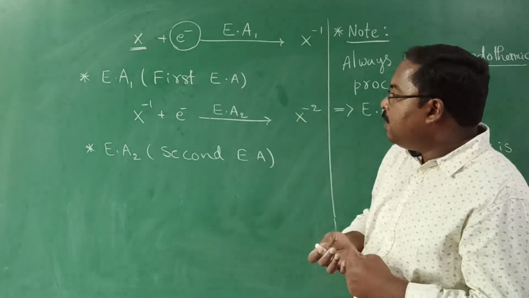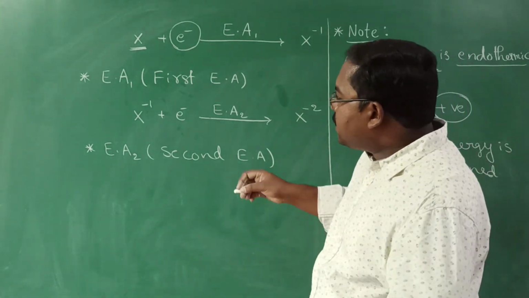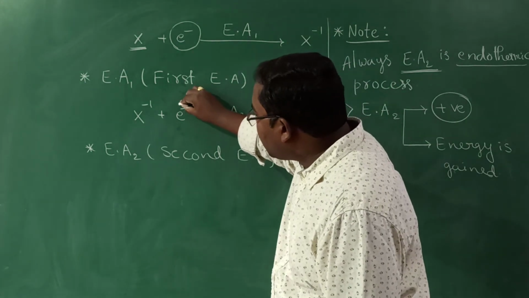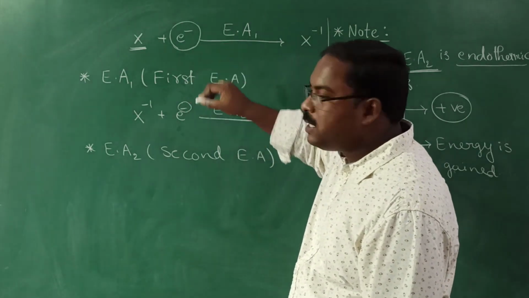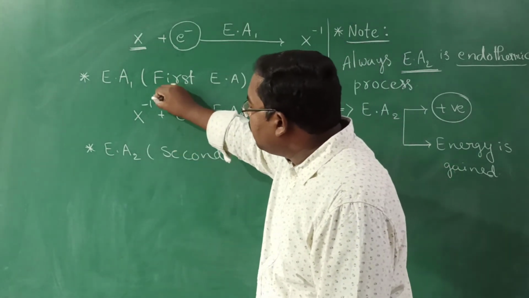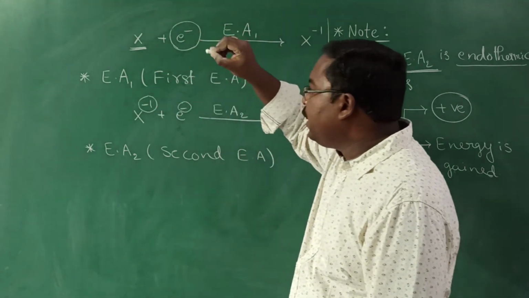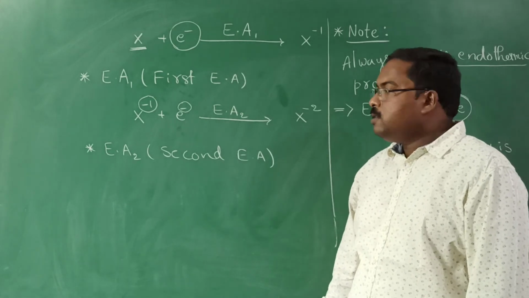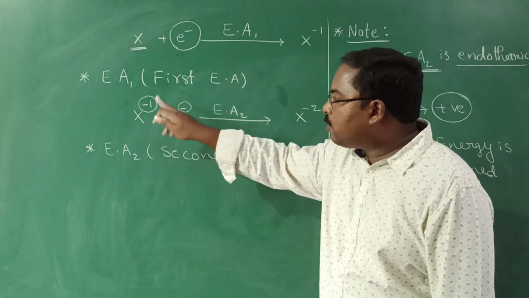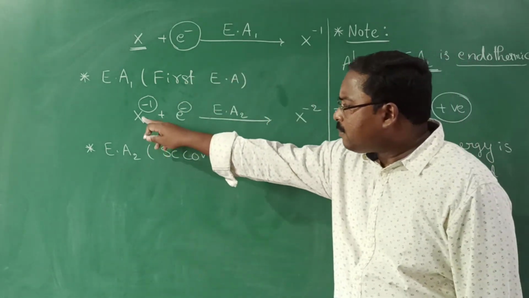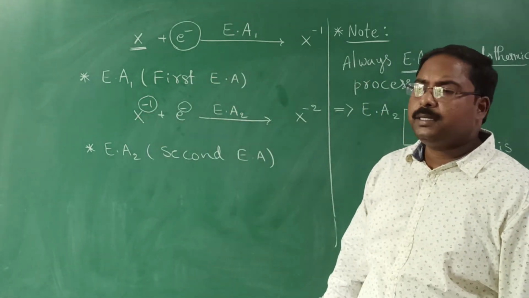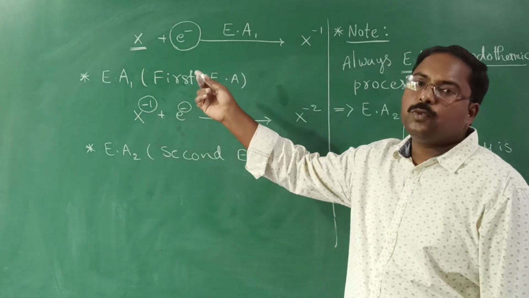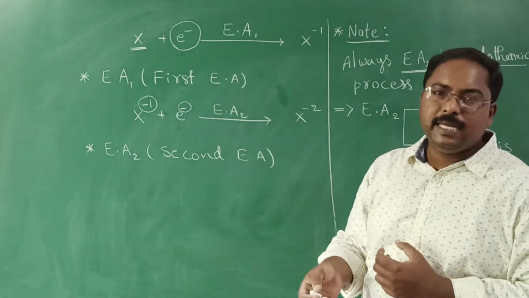But coming to the second case, the charge of the electron, as everyone knows, is negative, and the charge of this uni-negative ion is also negative. So when the electron comes closer to this negative ion, what happens? Due to repulsion, because we know same charges repel each other.